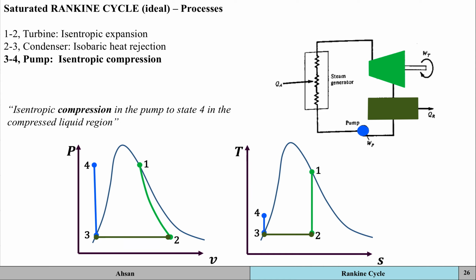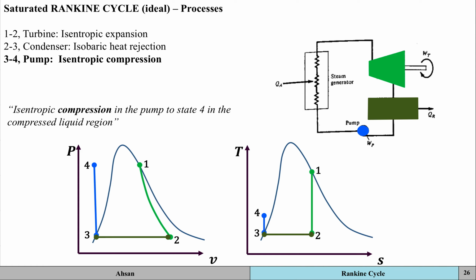Okay, so because of the pump, adiabatic compression takes place across this pump of the saturated liquid, which was at condenser pressure 3, to a subcooled liquid region now at state 4. Okay, and this is at the steam generator or the boiler pressure now, 4. Okay, and line 3 to 4 is vertical on both diagrams because liquid is incompressible.